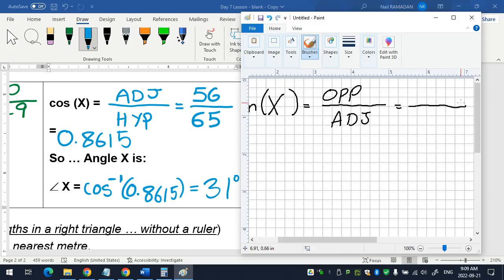What's my opposite in that triangle? In the middle triangle. What's my opposite in the middle triangle? Haley? 33. All right. What's my adjacent in that triangle? Yeah, 56. Okay. I hope that you're seeing that the work is the same.